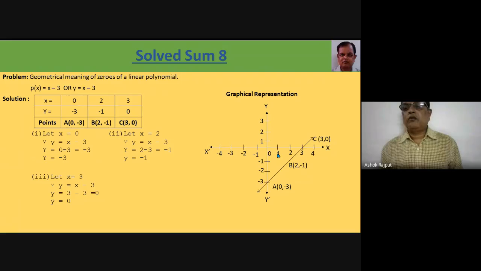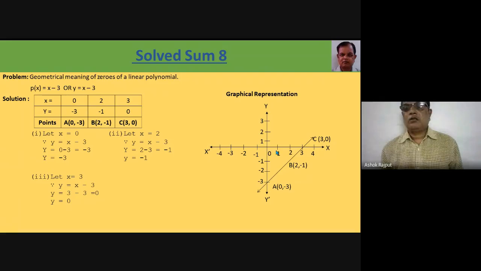It is 0, 1, 2, 3, 4 on the right side. On the left side minus 1, minus 2, minus 3, minus 4, and in such a way upside is positive and downside is negative. So see our points. First point A is 0 comma minus 3. So on the x-axis its value is 0, on the y-axis it is minus 3. So we have marked it here. Then the next point is 2 comma minus 1.